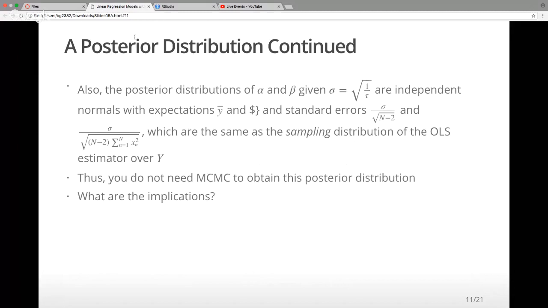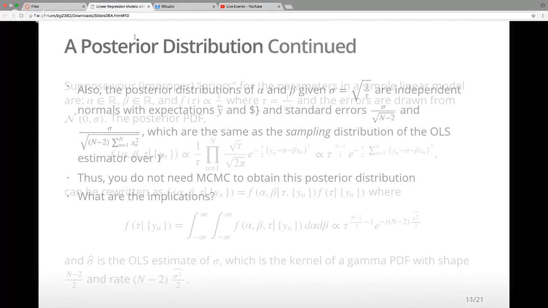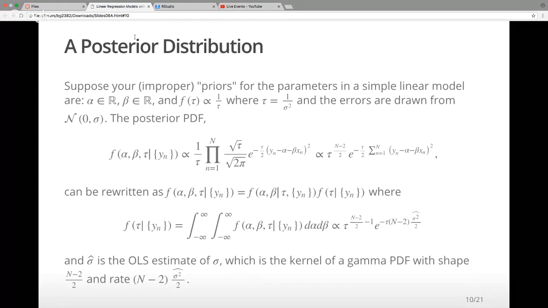So back in the 1940s or whatever, Bayesians could get this posterior distribution, but they had to accept the fact that we had improper priors on the alpha and beta, and kind of a weird Jeffreys prior on tau. We talked about how a Jeffreys prior on sigma might make some sense because sigma is a scale parameter, but a Jeffreys prior on a precision really doesn't. All it does is allow us to derive this posterior distribution analytically in closed form.